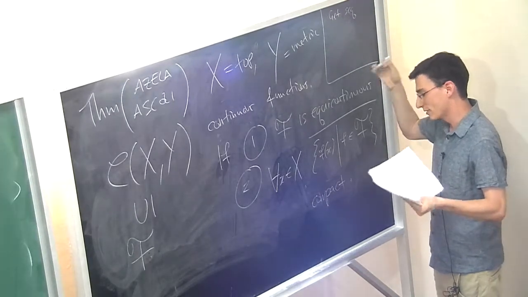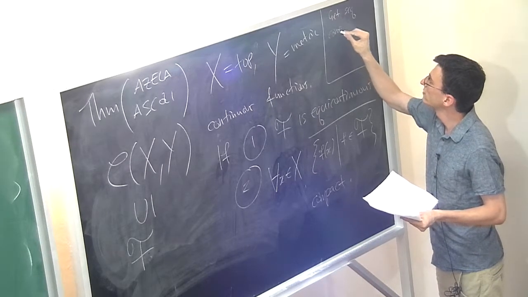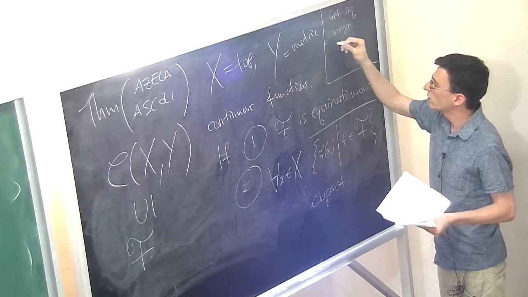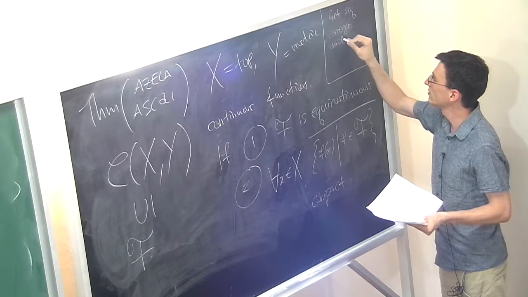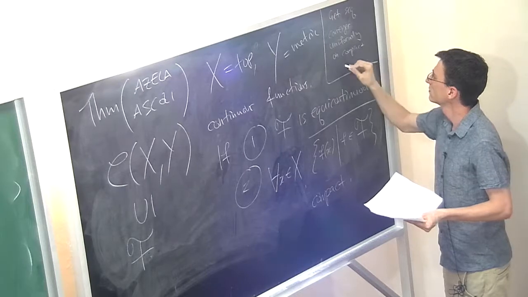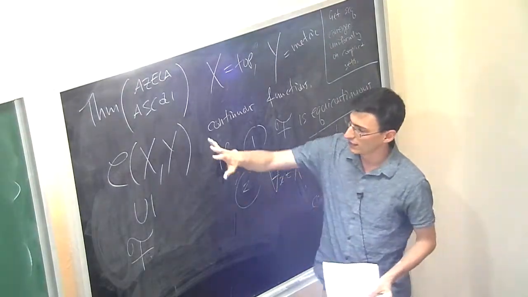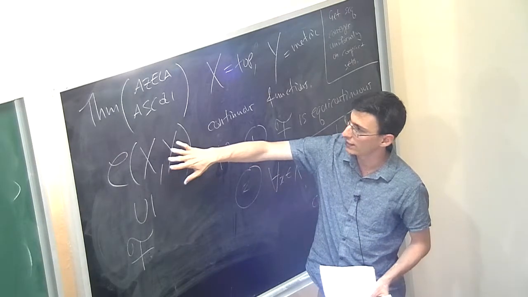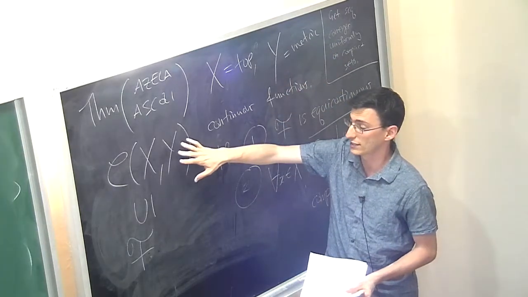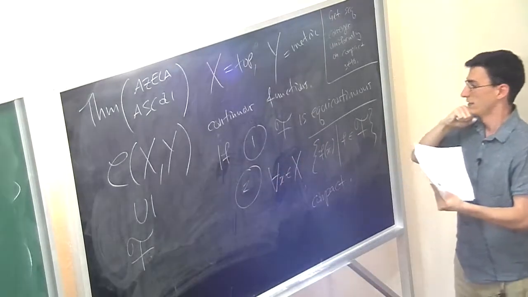You might have to pass to a subsequence, but a sequence that converges uniformly on compact sets. So you give this thing the compact open topology, and then it's a metric space. So secretly, it was actually just the sup norm on compact sets.